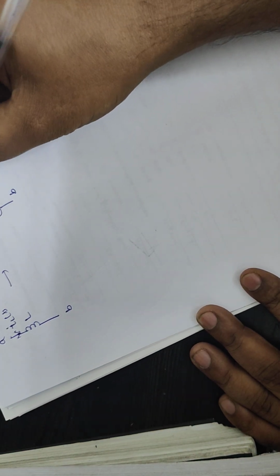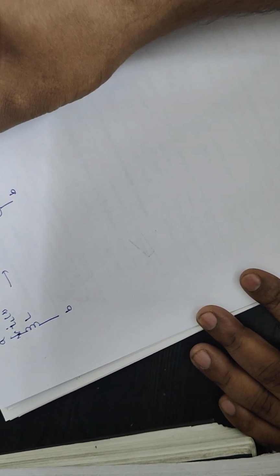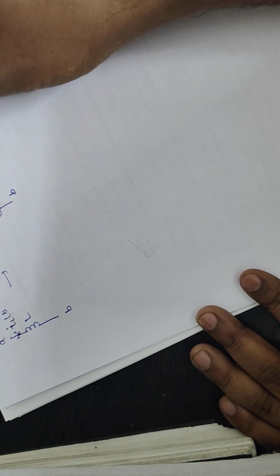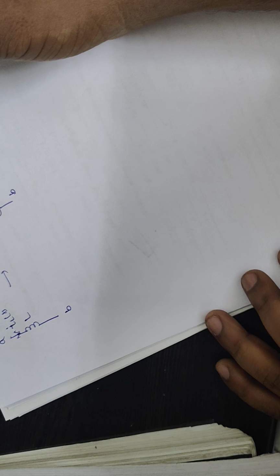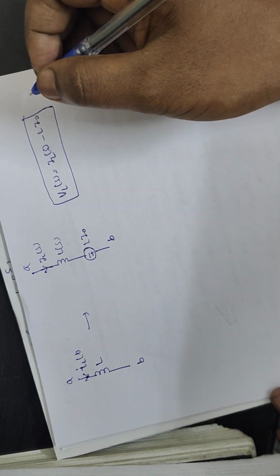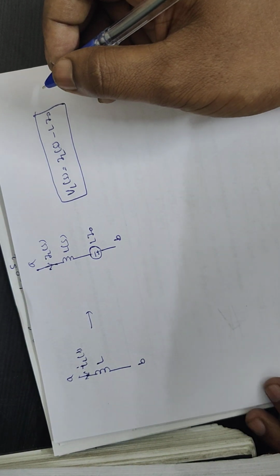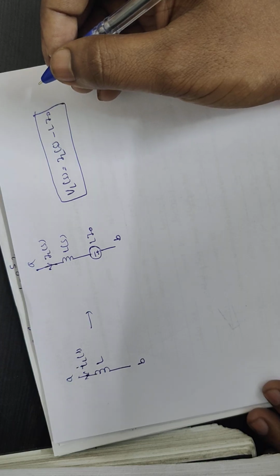So V(L) of S equals L S into I(L) of S minus L I naught. Oh, sorry, this kind of thing is not showing, sorry for that.